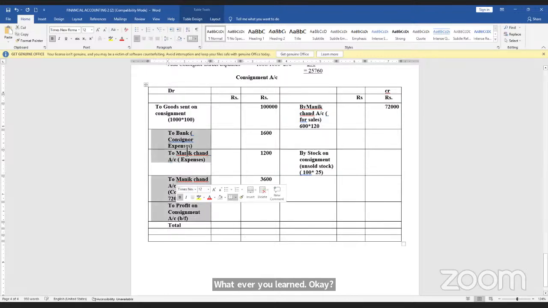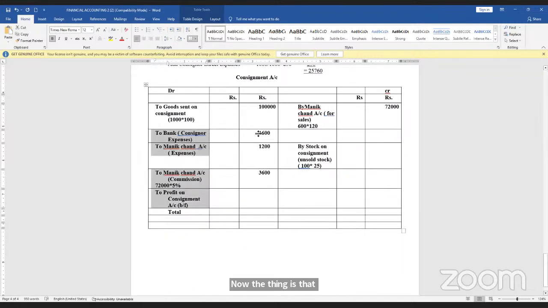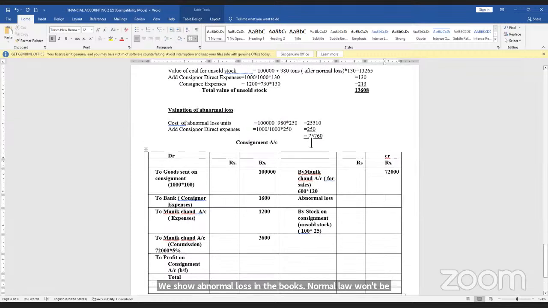Now the thing is the unsold stock. Which side will it come? Unsold stock is stock on consignment for unsold stock. Before that, you are supposed to write abnormal loss. We show abnormal loss in the books. Normal loss won't be shown, only abnormal loss. What is the value we got here for abnormal loss? 25,760 is the abnormal loss.